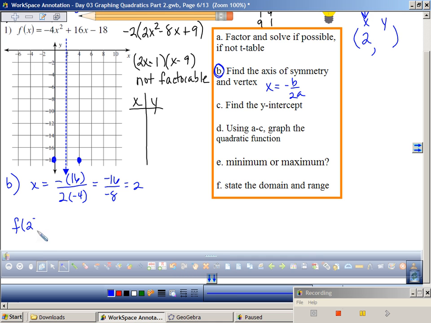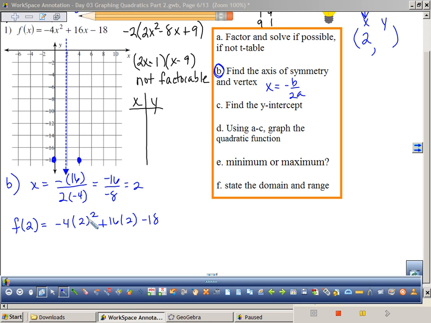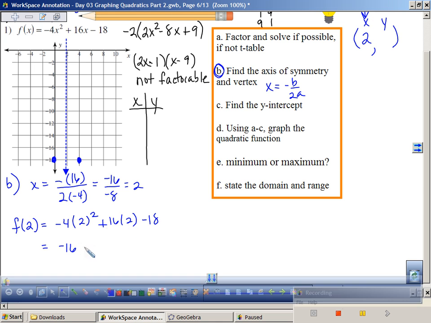So f of 2 equals negative 4 times 2 squared plus 16 times 2 minus 18. 2 squared is 4. 4 times negative 4 is negative 16. 16 times 2 is 32 minus 18.